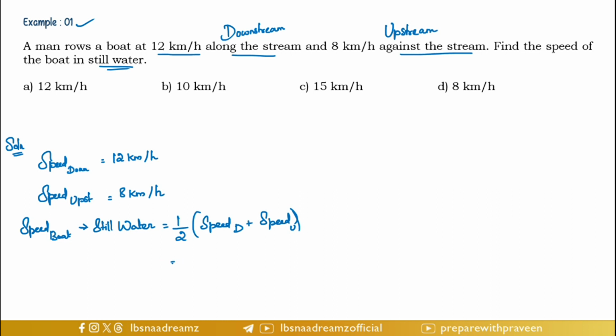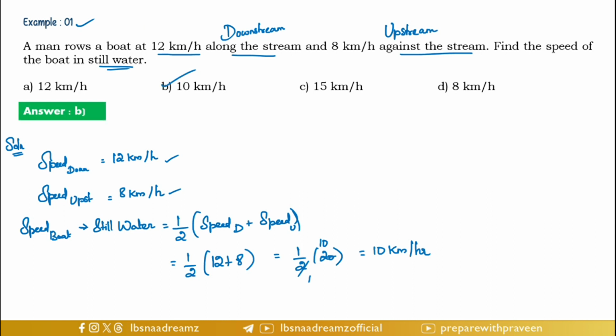So apply the values: 1 by 2 into downstream speed 12 plus 8 is equal to 1 by 2 into 20. So 1 2 is 2, 10 2s are 20, is equal to 10 kilometer per hour. So option B is the right answer. Yeah, option B is the right answer.